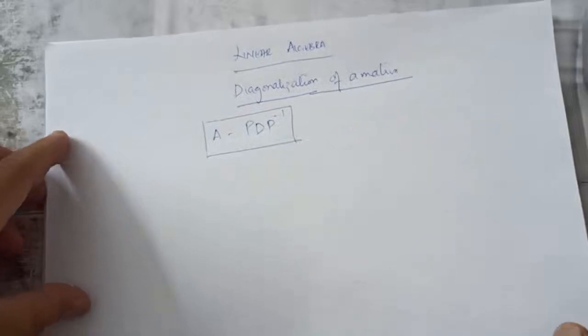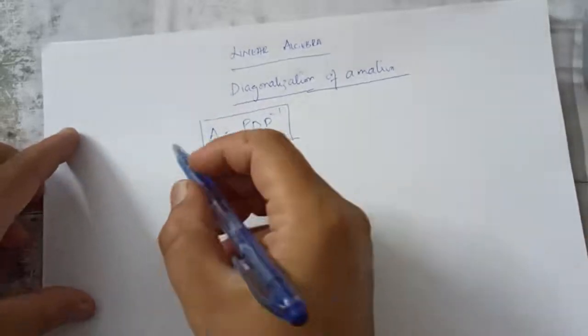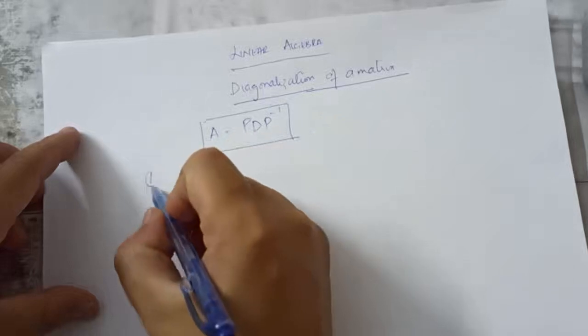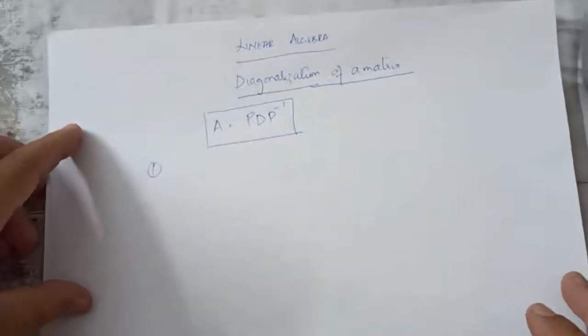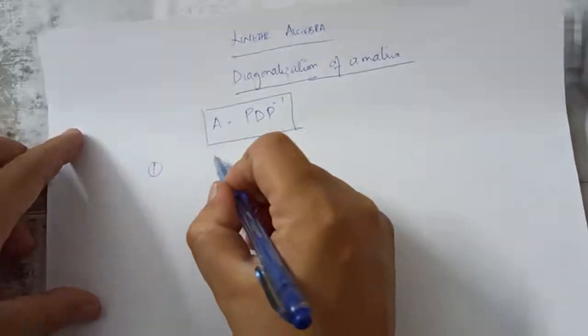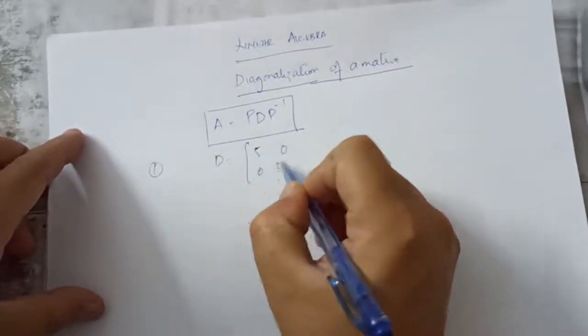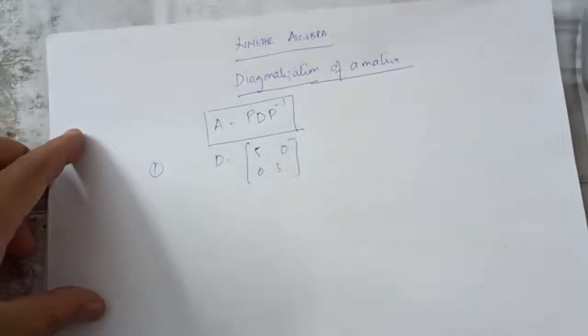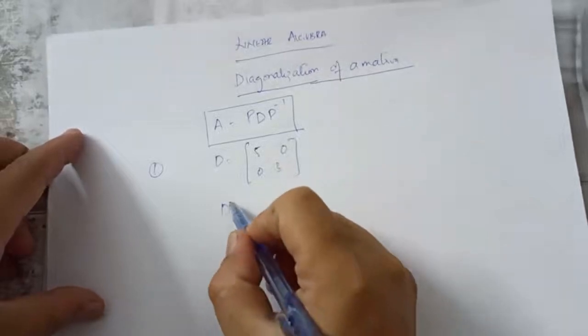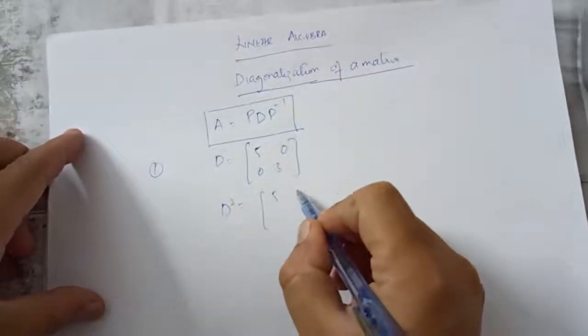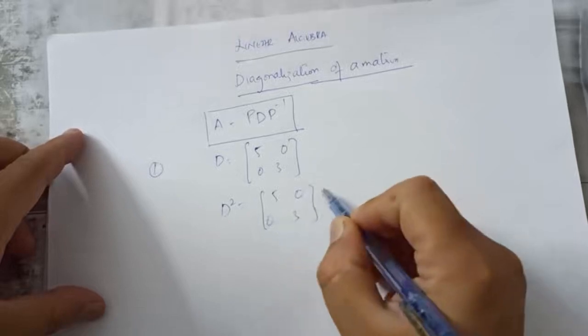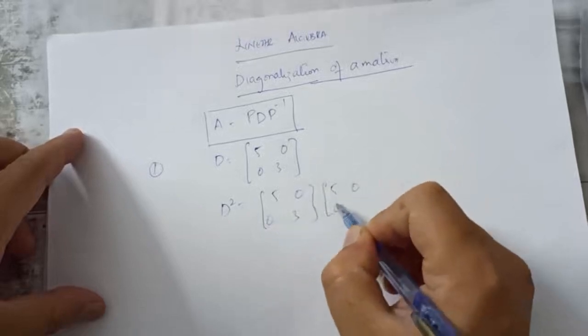Let's look at the first instance where this diagonalization can be helpful. Let's assume that we have a diagonal matrix which is 5 0 0 3. If I take the square of it, it will be 5 0 0 3 multiplied by 5 0 0 3.